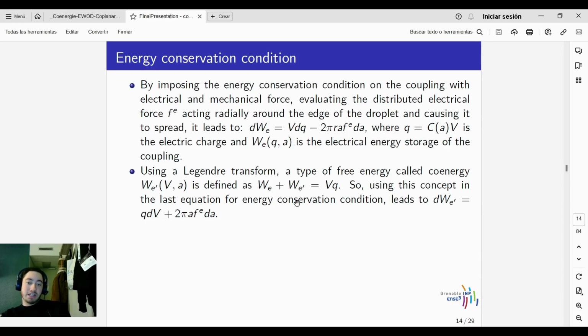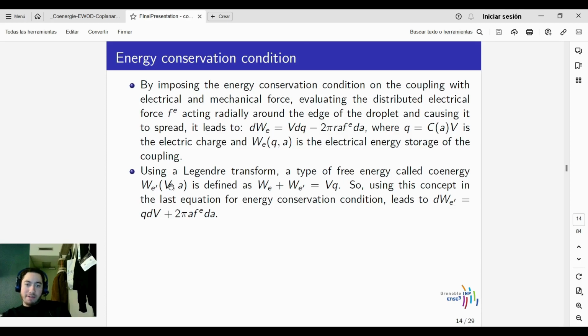That at the end, that's what they want, because as we can see before, Q depends on A. We cannot have a function that depends on A and another function that also depends on A, so it will be mathematically complicated to use.